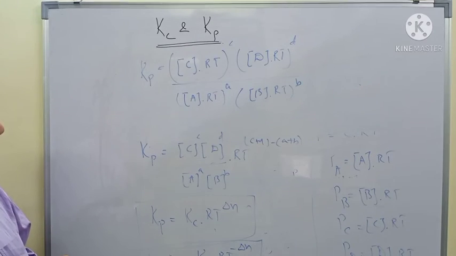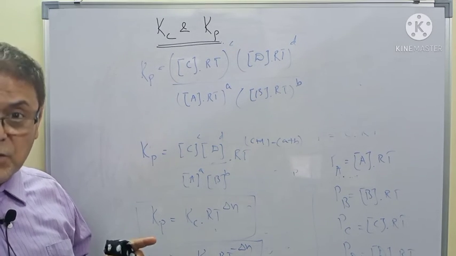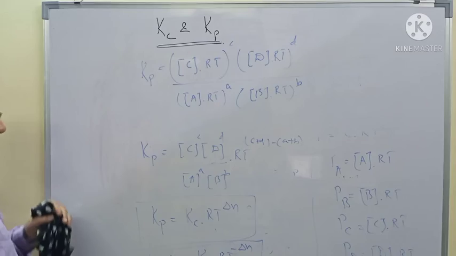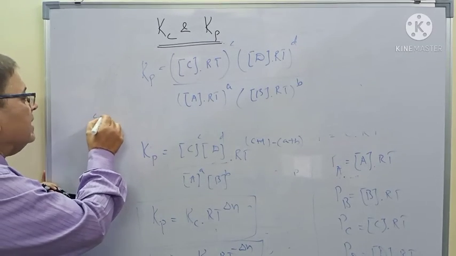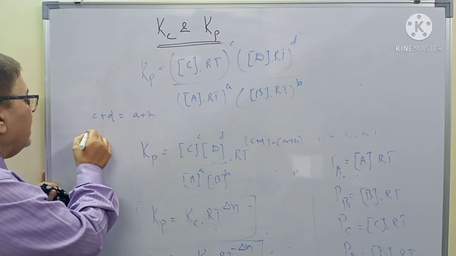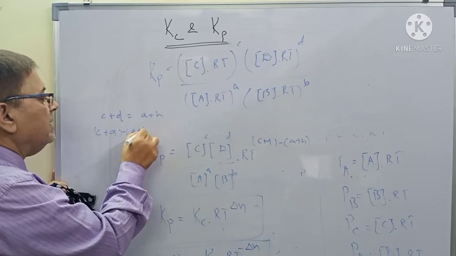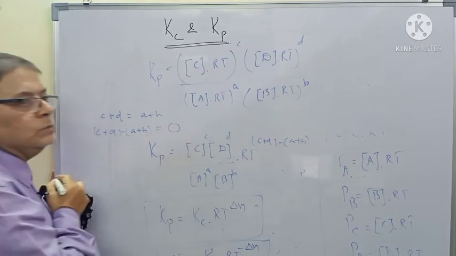If in a reaction there is no change of number of moles, in a gaseous reaction, that means c plus d is equal to a plus b, then we'll have (c plus d) minus (a plus b) is equal to 0.